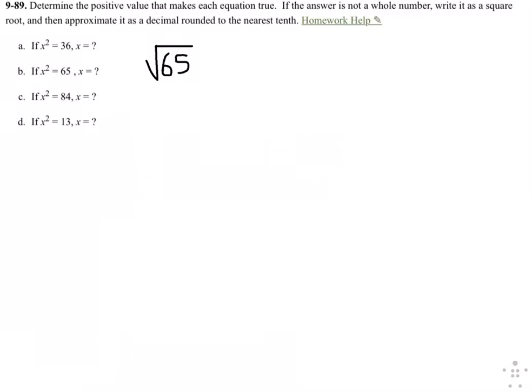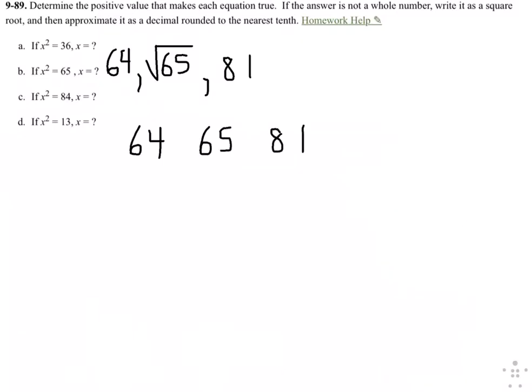So the way we do it is we find the perfect squares that are closest, right? So 64 is below it, and then 81 is above it. So it's 64, 65, 81.